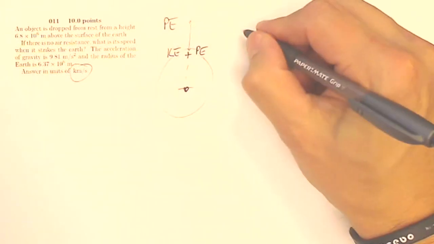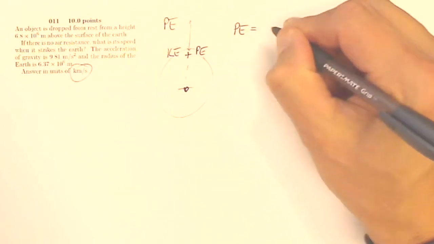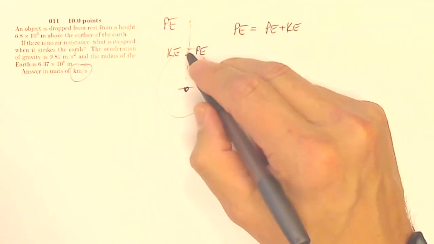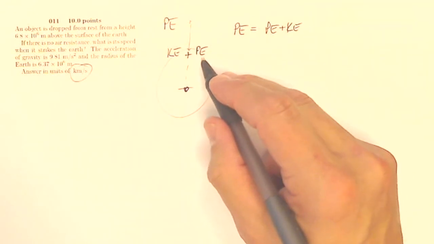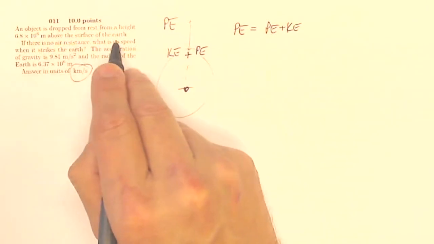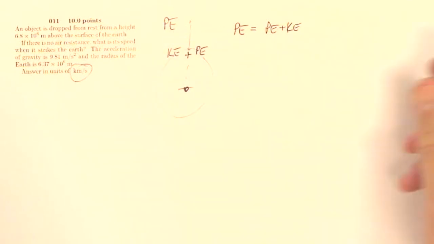So my potential energy at the top is going to equal my potential energy plus my kinetic energy at the surface. Now you can't use a potential energy of 0 and this being mgh, because this is high enough above the surface of the Earth that the force of gravity has changed, so you can't use regular PE.